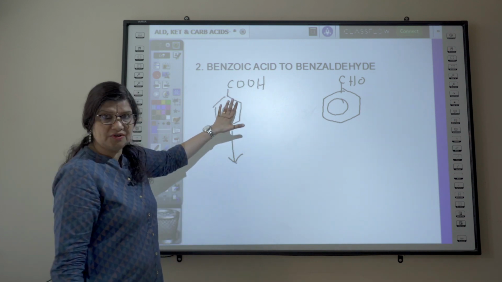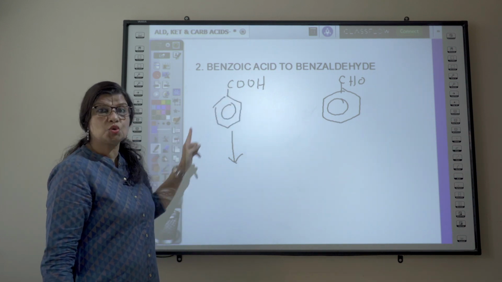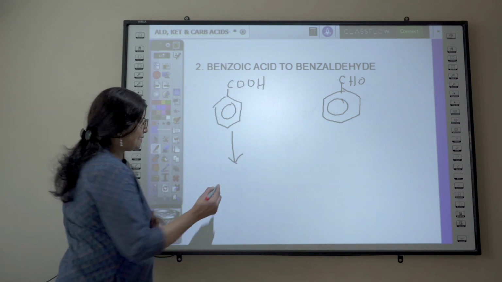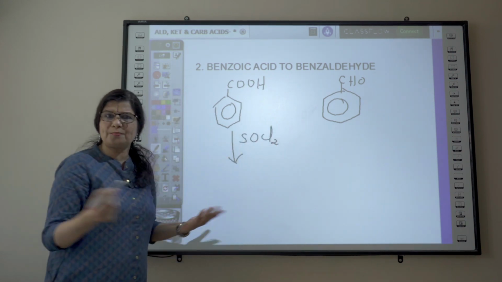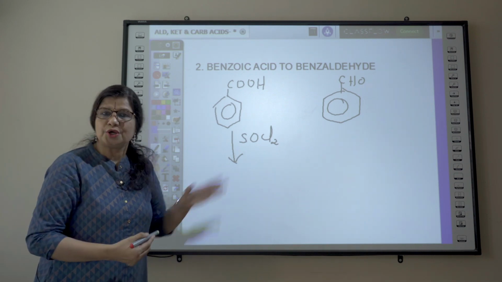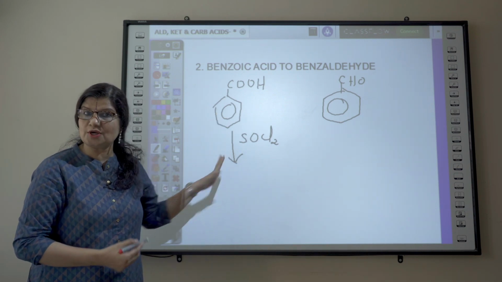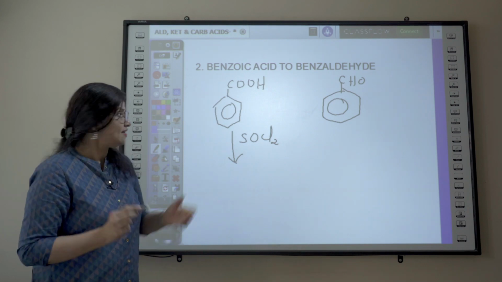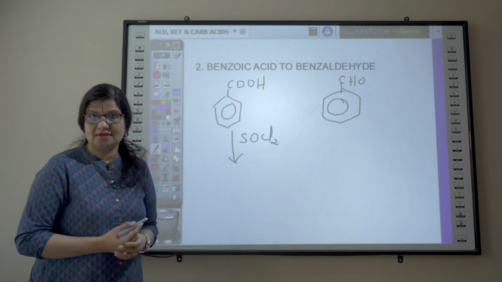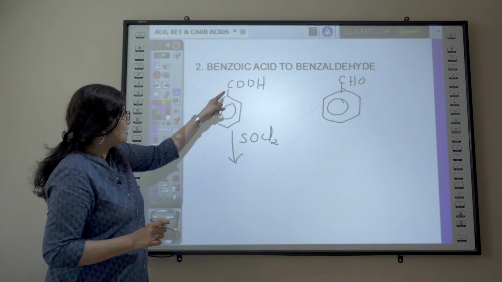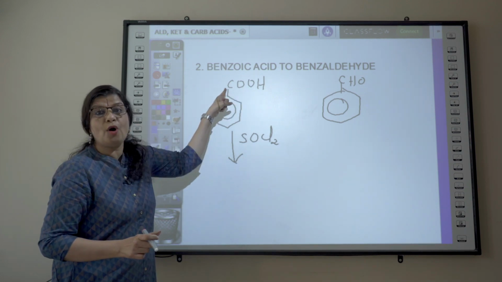So first let's convert the COOH to COCl. That can be easily done by using either thionyl chloride, PCl3 or PCl5. You've come across this in the chemical properties of carboxylic acids, wherein the OH is substituted by a halogen, namely chlorine. These are the reactions due to the breaking of the C-OH bond.